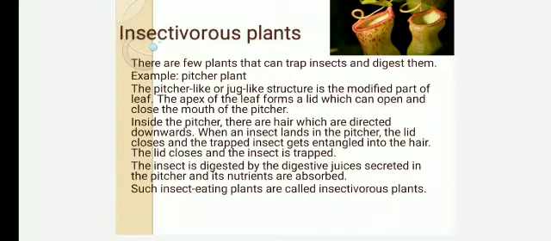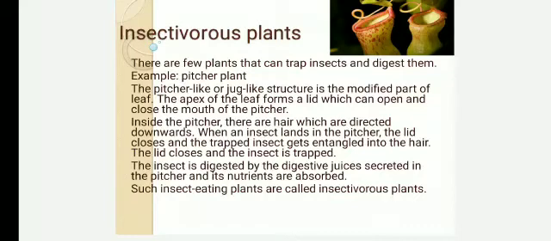The insect is digested by the digestive juices secreted by the pitcher and its nutrients are absorbed. Such insect-eating plants are called insectivorous plants.